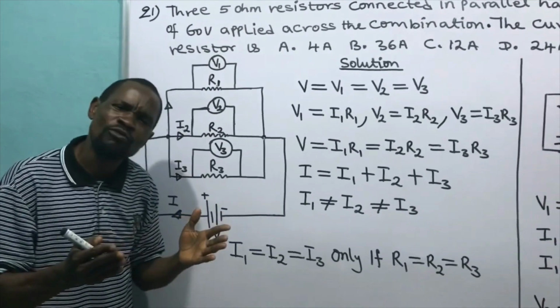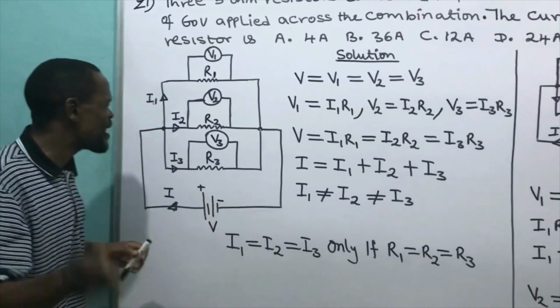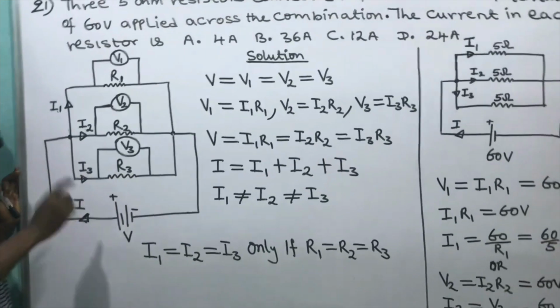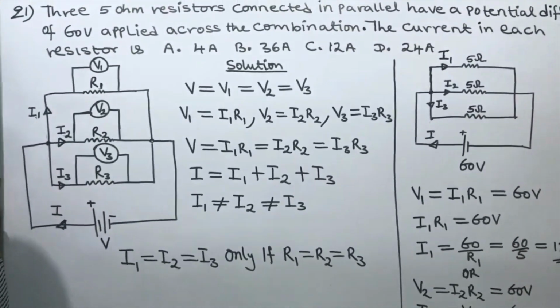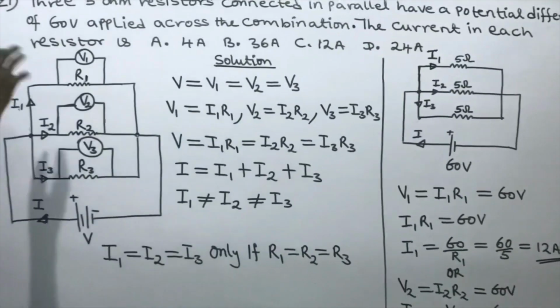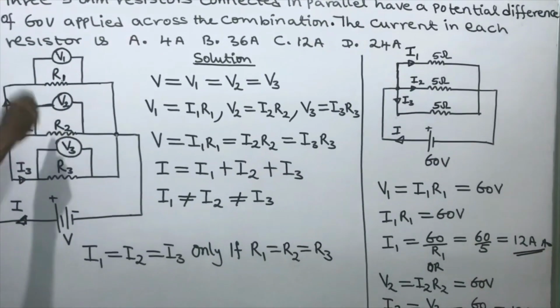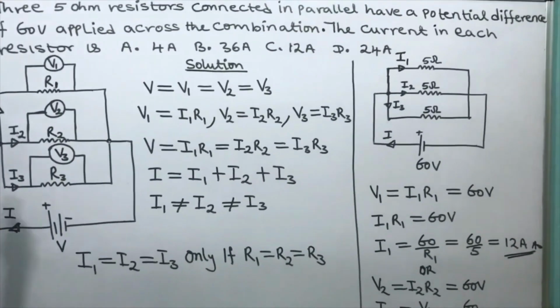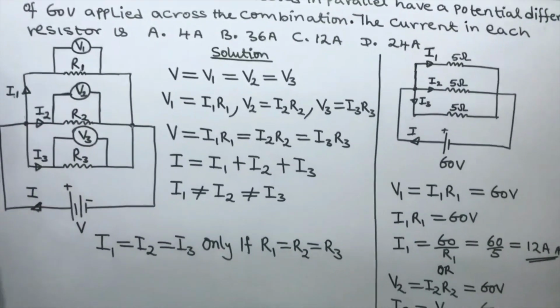That is the property of parallel connection. In parallel connection, the voltage drop across each resistor is the same, but the current that flows through them is not the same.